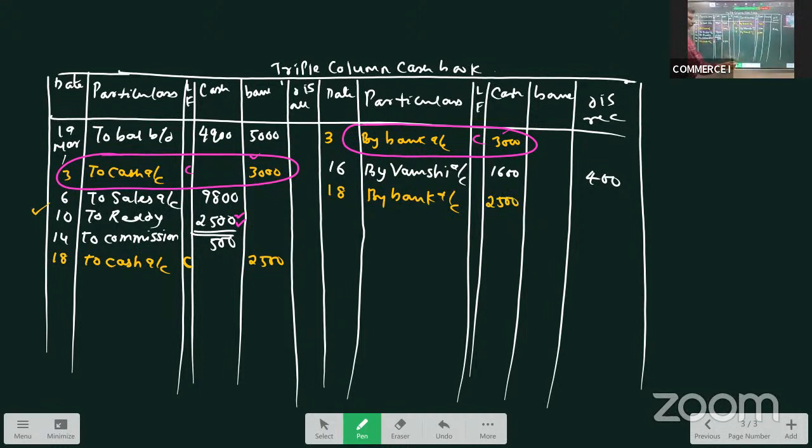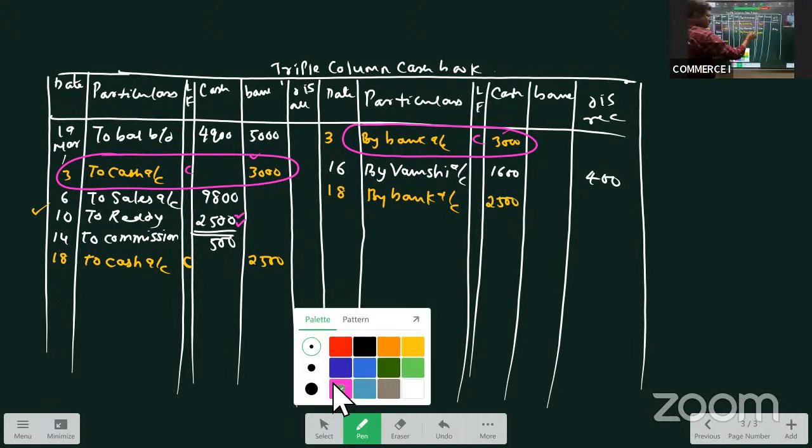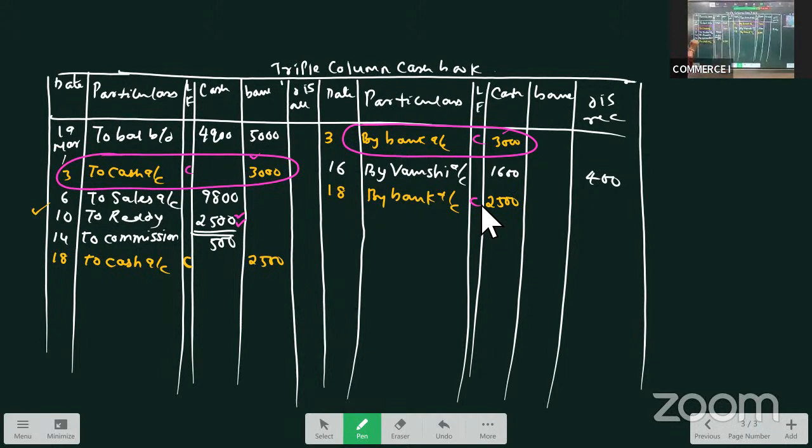So again, it is a contra entry. Just learn how to write the contra entry. When it is paid, we write to cash, amount in the bank column. On the credit side, we write by bank, amount in the cash column. To cash, bank; by bank, cash. Okay. So let's move further.